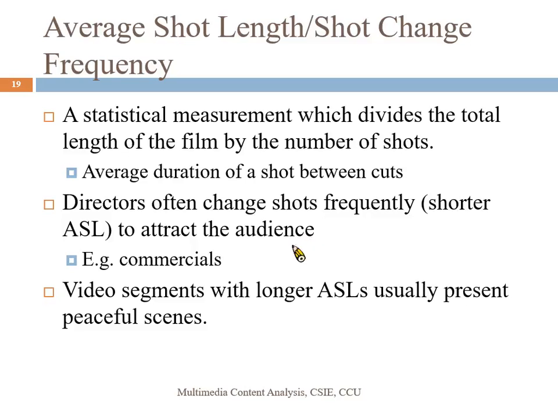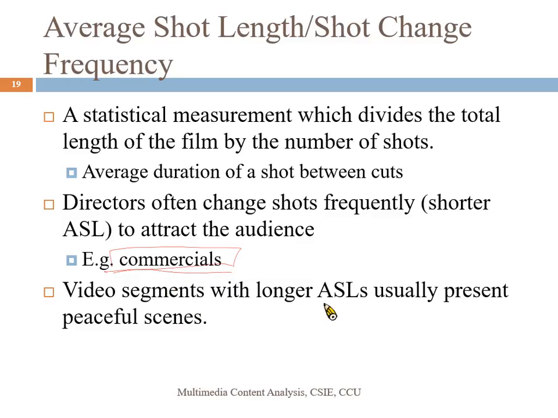When you watch TV, you will perceive that higher shot change frequency occurs in commercial segments, but not in TV shows, because in commercials the director tries to attract your attention, so they change the video shot very frequently.